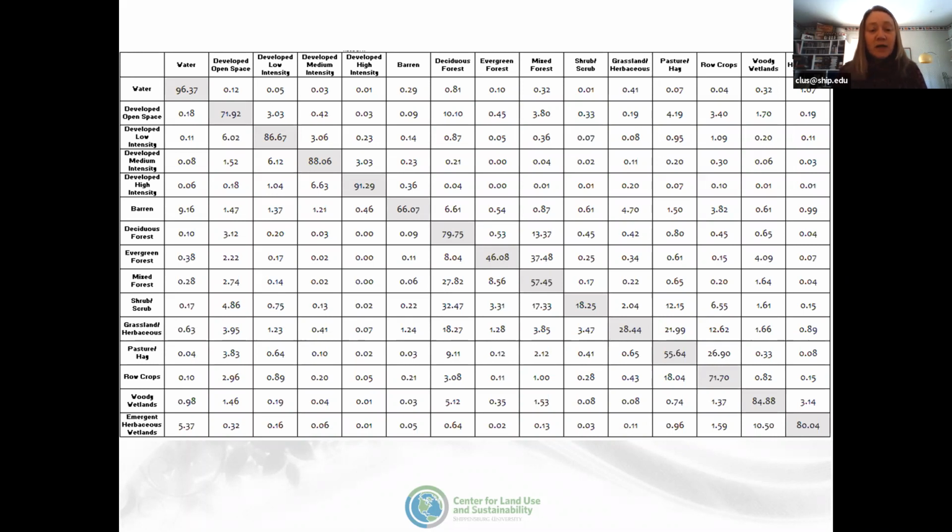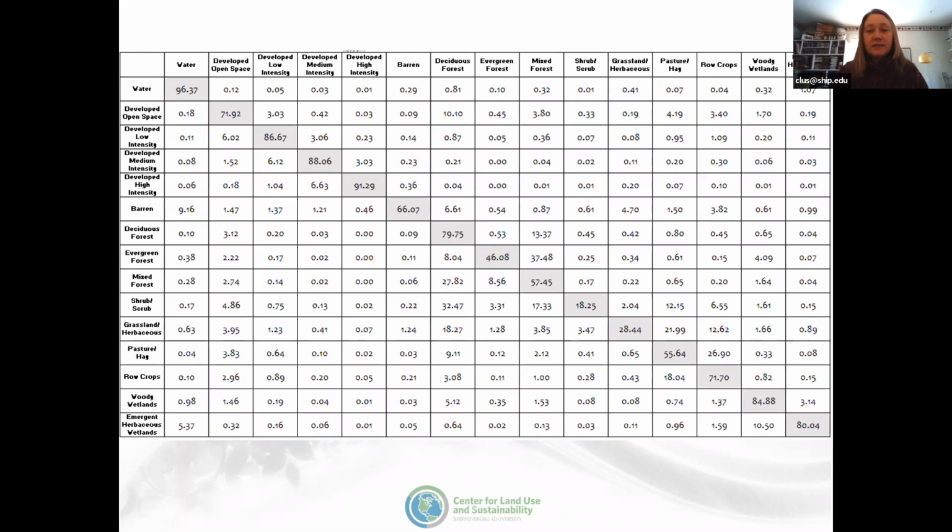We also see areas of confusion with pasture hay, mixed forest, row crops, and developed low intensity, and that's largely due to the spectral similarity of the developed open space category to those other classes.